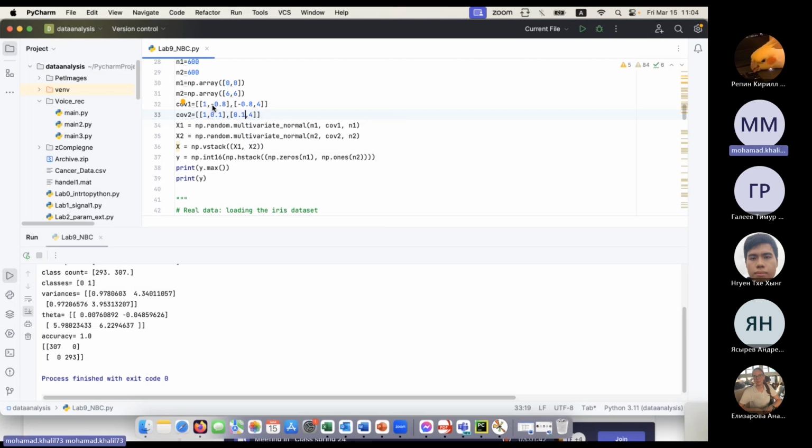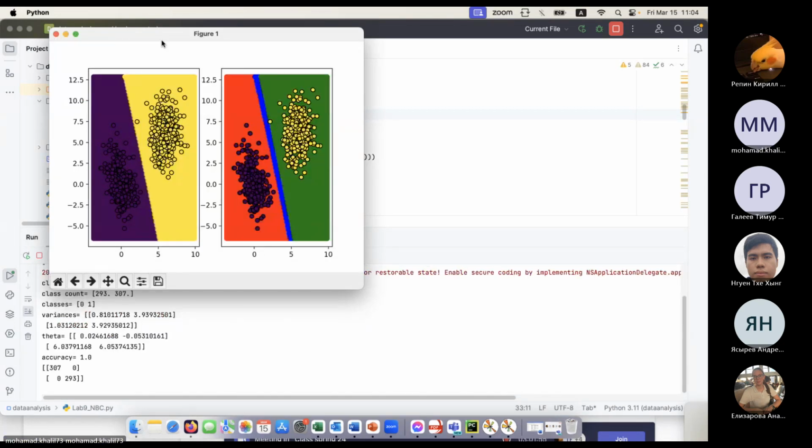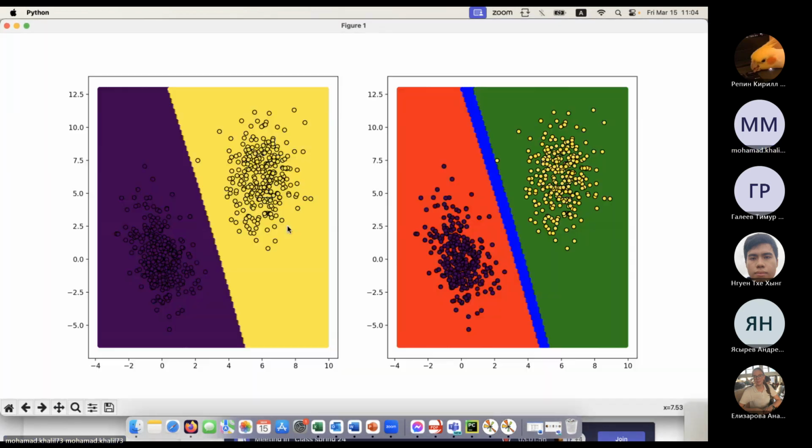If you have, for example, 0.0, it looks strange because they are similar.